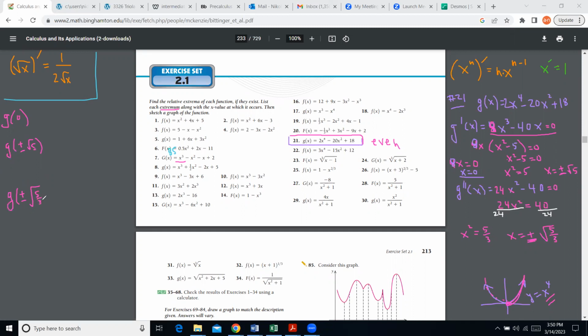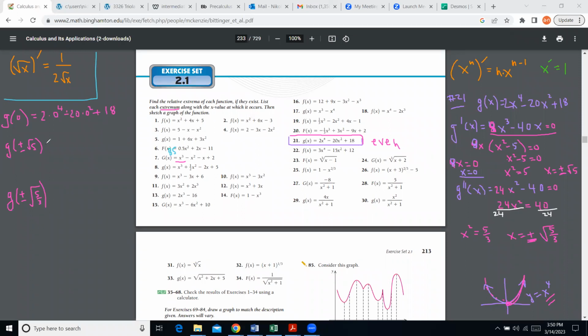And definitely I want to use calculator for this. So what happens at 0? Well, looks like pretty much everything will disappear, just the last term, right? So this one I can do by hand. So 20 times 0 squared, and then plus 18 will give us just 18.